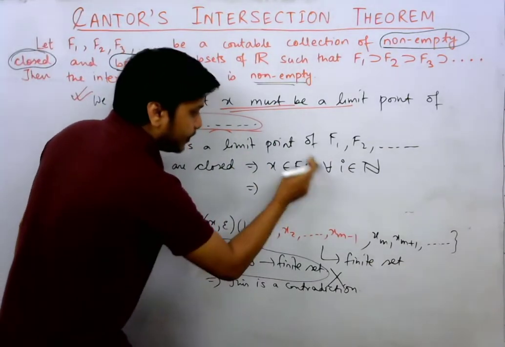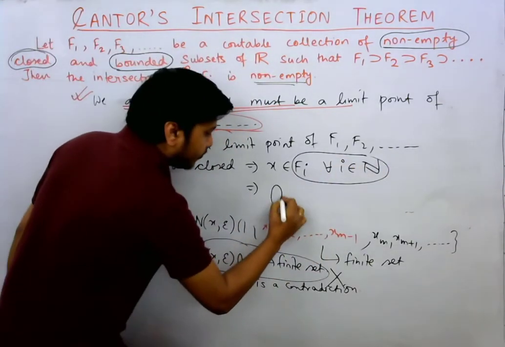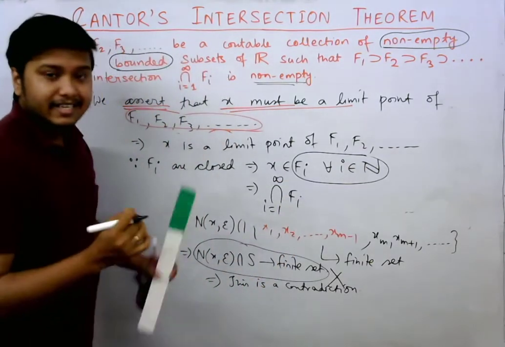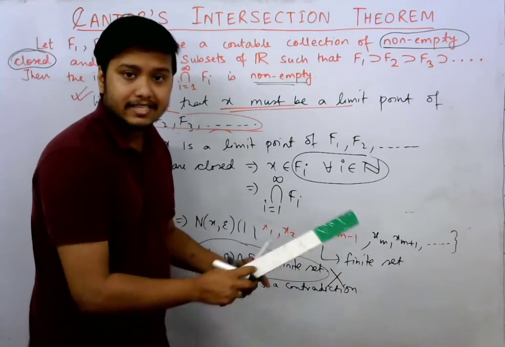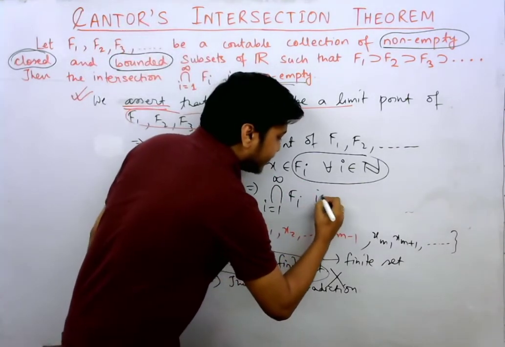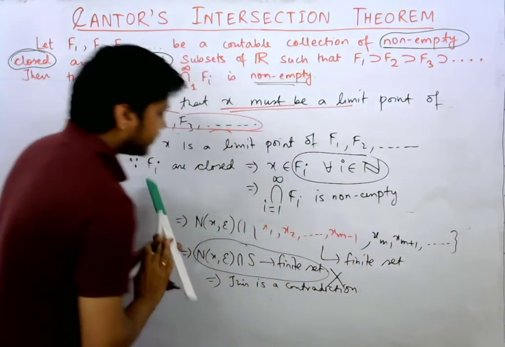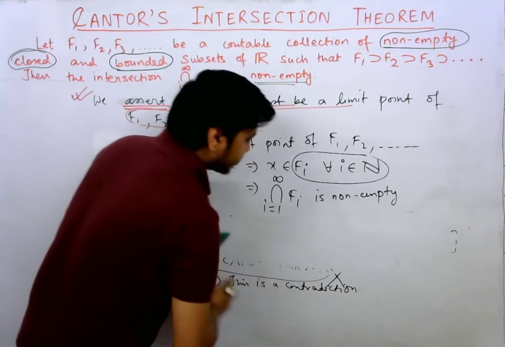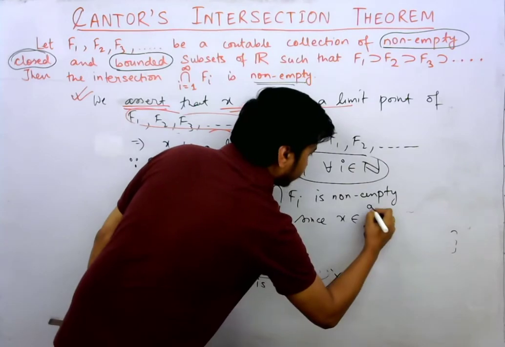So if x belongs to all the sets, then what will be my intersection? My intersection must contain the element x because x belongs to all the sets. So this is non-empty. Why non-empty? Since x belongs to this intersection, it is non-empty.